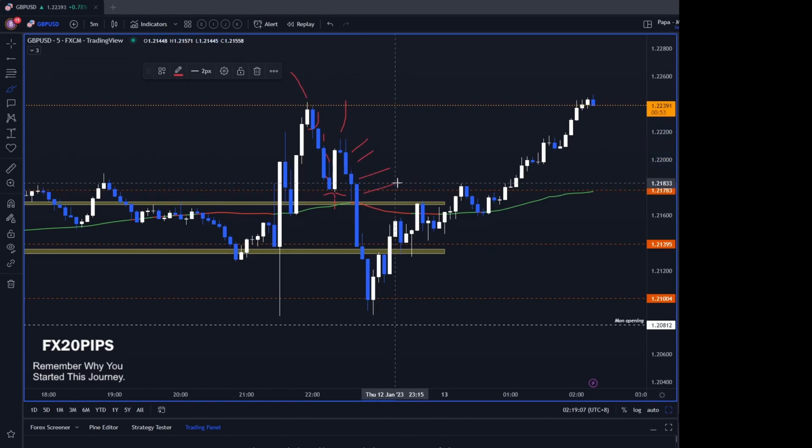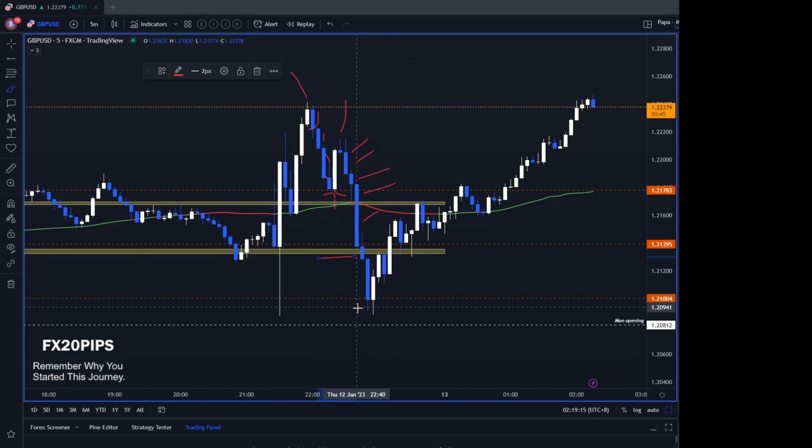I kept selling, especially at the break of this sell zone, and I took profit about this area, because I'm not expecting it to go further down. So I sold a few here, sold a few here, and then I took profit from here.